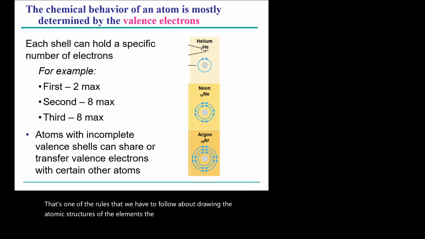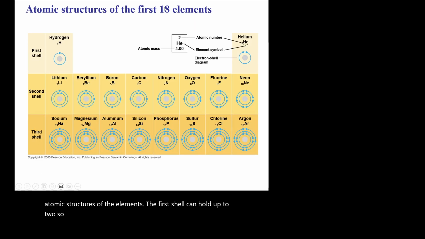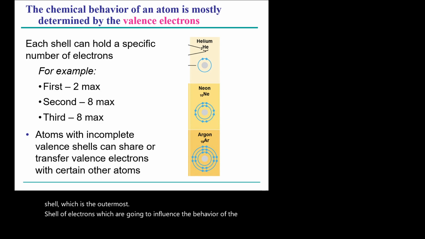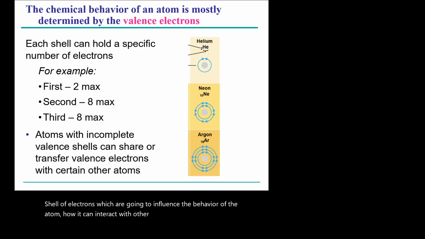The first shell can hold up to 2, so it's only going to be hydrogen and helium that have only that first shell. Now that first shell in those cases is also known as the valence shell, which is the outermost shell of electrons, which is going to influence the behavior of the atom, how it can interact with other atoms in its environment.